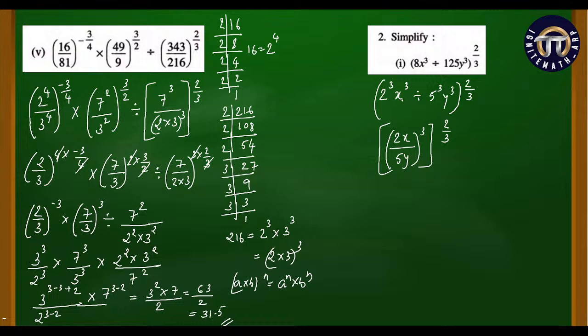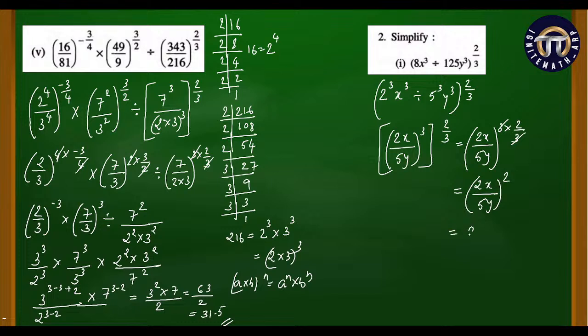Okay, because since the powers are the same over there, I can directly take it. Clear? So now this becomes 2x by 5y to the power of 3 into 2 by 3. So I can apply the power law. When I apply the power law, 3 and 3 get cancelled. I'll be left with what? 2x by 5y to the power of 2.